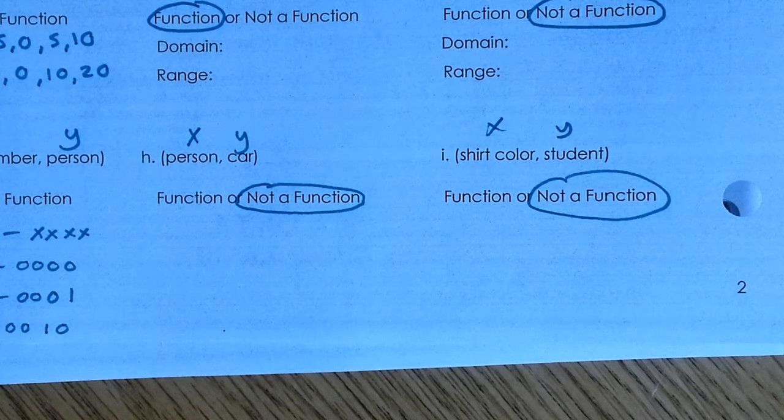In the class, if this were just our class, then yeah, it'd be a function, but you're the only one wearing gray, right? It's just saying shirt color and students. So we're talking about probably all the students at McEachern, right? If you have a shirt color of gray, how many people do you think are wearing gray today? Is it just one? Or a lot? A lot. Oh, Alessandro's wearing gray now. Okay, so now it's not a function just in this classroom.